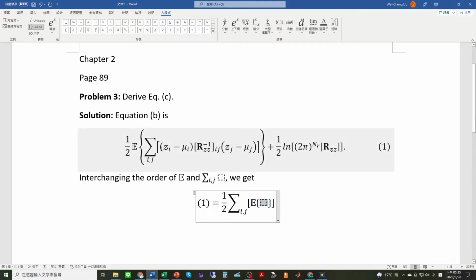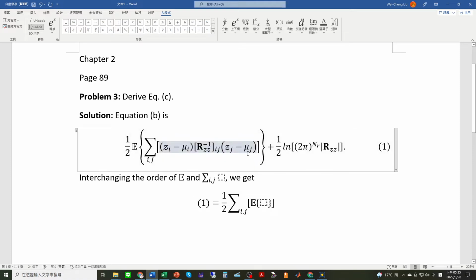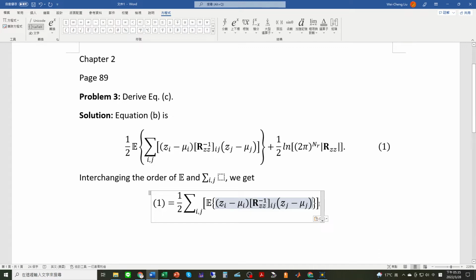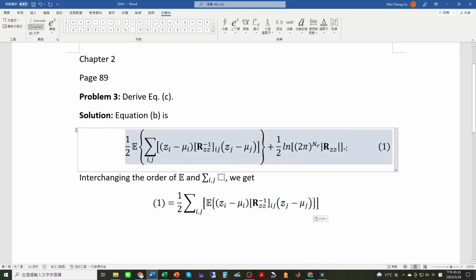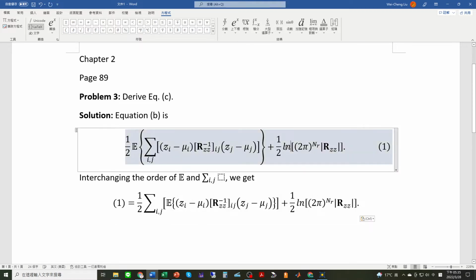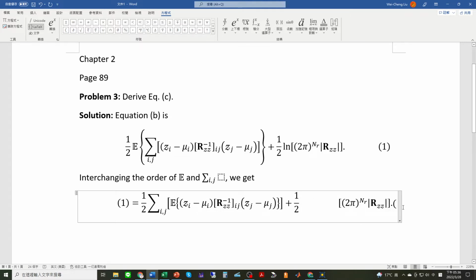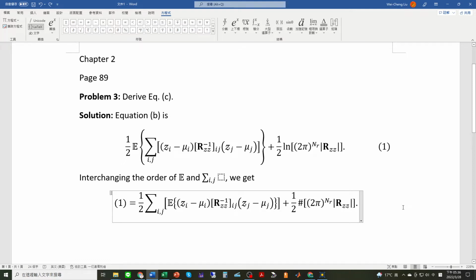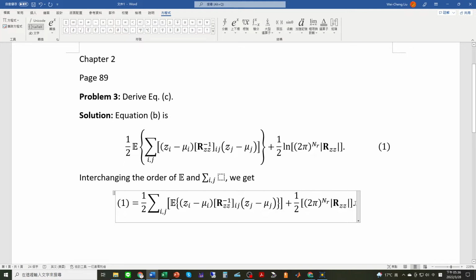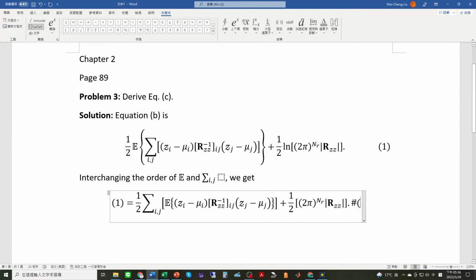And I copy this term to here, and the second term remains the same. Oops, the natural log is not italic. So this is equation 2.